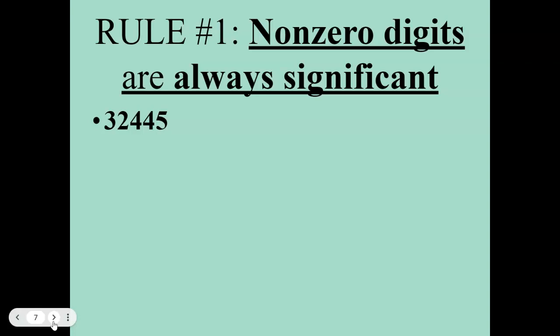All of those are non-zero. 3 is not 0, 2 is not 0, 4 is not 0, 5 is not 0. So all of these are significant. So if I were to give you this number and ask you how many Sig Figs, you would tell me there's 1, 2, 3, 4, 5. There are 5 Sig Figs there because all of those numbers are non-zero digits, and if it's non-zero, it's always significant.